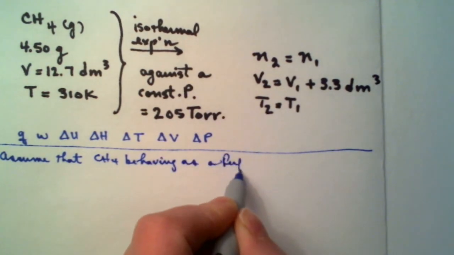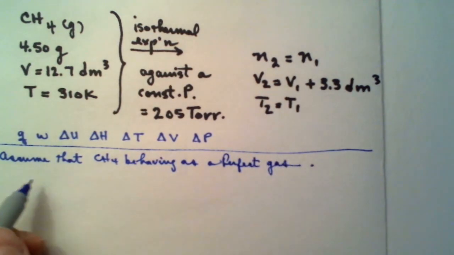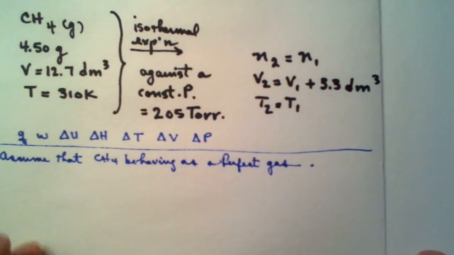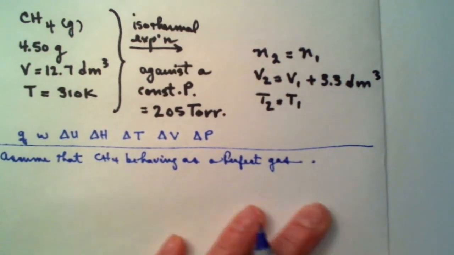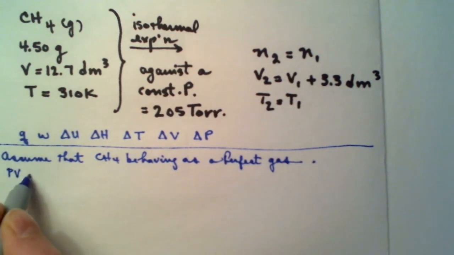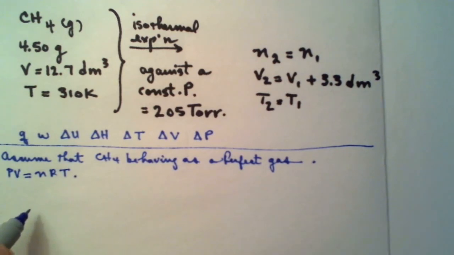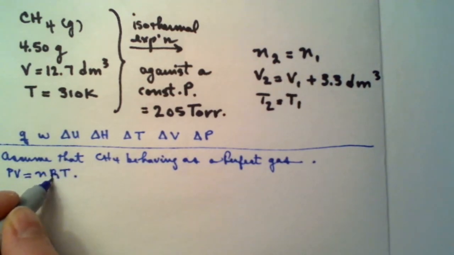A perfect gas. That allows us then to use the equation of state for a perfect gas, which is that PV is equal to nRT. I want to be able to use this as a true relationship.